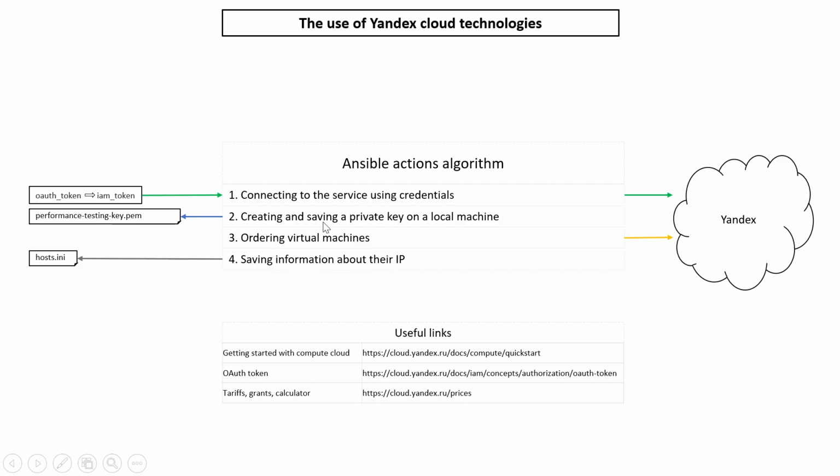Then, using the value of the IAM token and the value of the public key body, a request for creating a virtual machine is sent. And after that, the algorithm will save the IP addresses of the created machines in the host.ini file. It will be used by Ansible algorithms that we will create in the future.